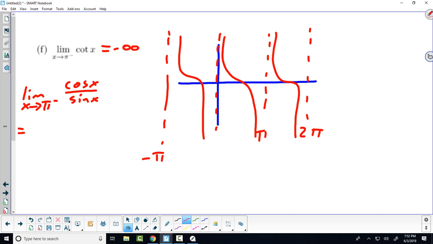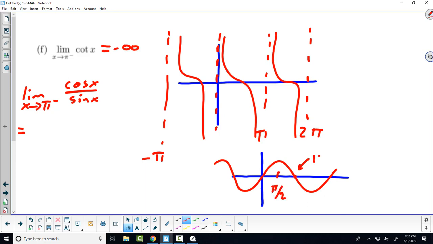This one's a little bit harder. Sine of pi is what? 0, but the direction of approach matters here. So even if you can't pull up the curve of the cotangent, you still have to know the curves of some of the trig functions to answer this question. This is at pi over 2.